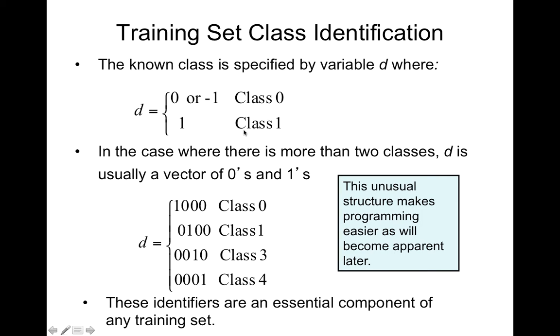In a case where you have more than 2 classes, a lot of times d will be given as a digital variable. So you can see that d here is basically a set of 1s and 0s. And the reason that you would do this is it just makes the programming easier, since we basically are representing a class as a bit stream.